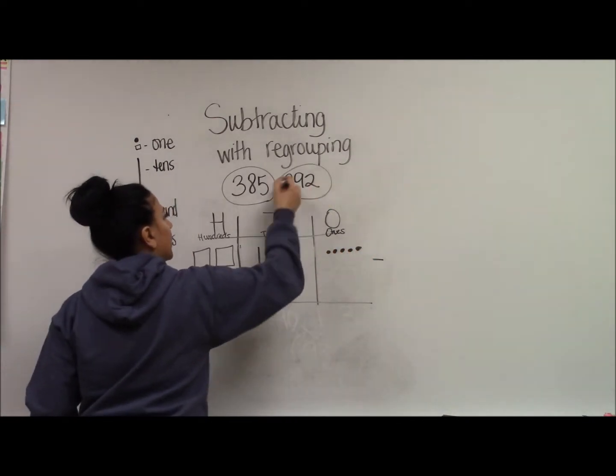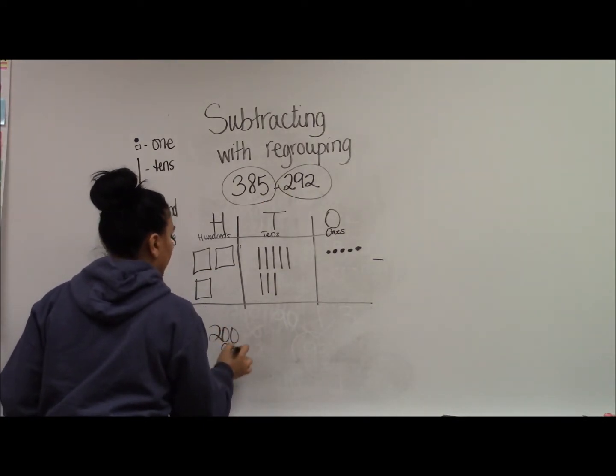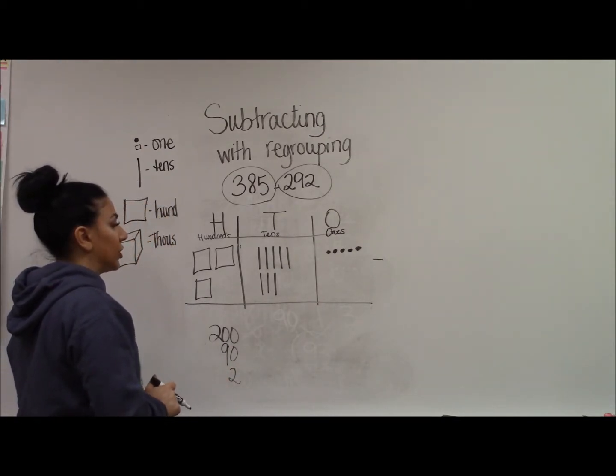And now I'm just going to take away 2 hundreds, I'm going to take away 90, and I'm going to take away 2 ones. And that's going to give me my 292.